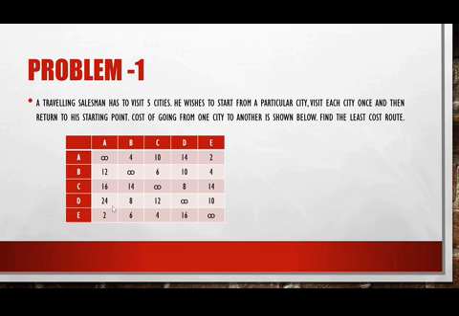D to A 24, D to B 8, D to C 12, D to D infinity, D to E 10, E to A 2, E to B 6, E to C 4, E to D 16, and the last one E to E infinity. So let us try to solve this problem.